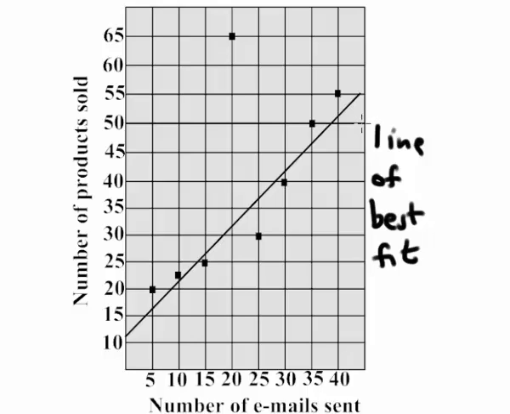Sometimes you'll go through the points. In this case, I've just drawn it straight in between the points. The main thing is there's a trend. It's a linear trend, a trend line or line of best fit, that shows that the points are going up, except for the outlier, but the other points are going up in a sort of linear straight line trend.